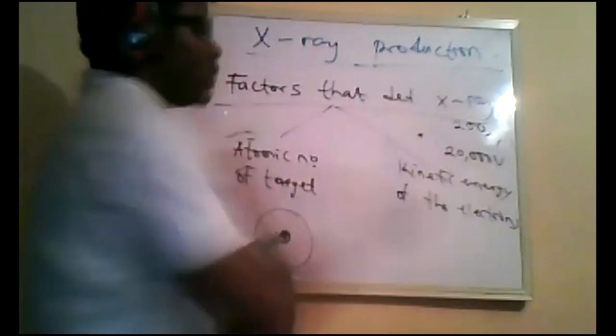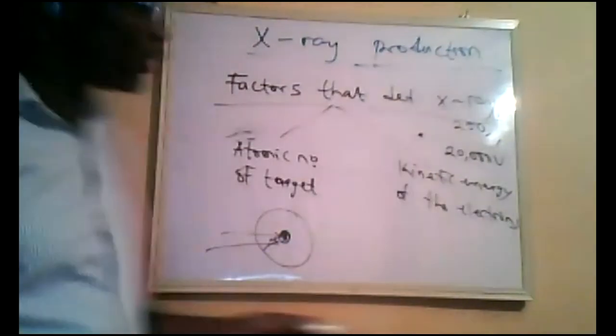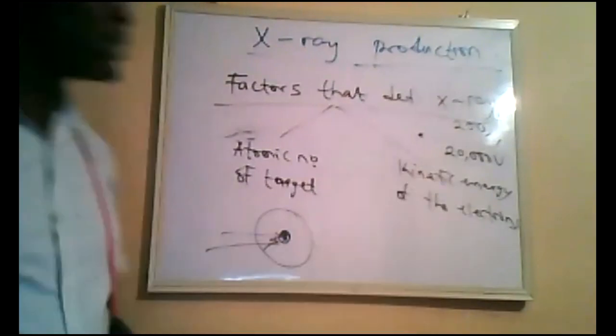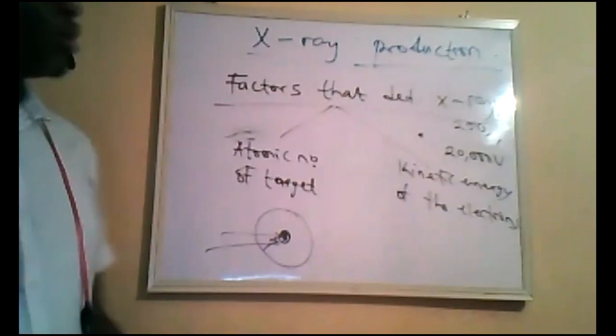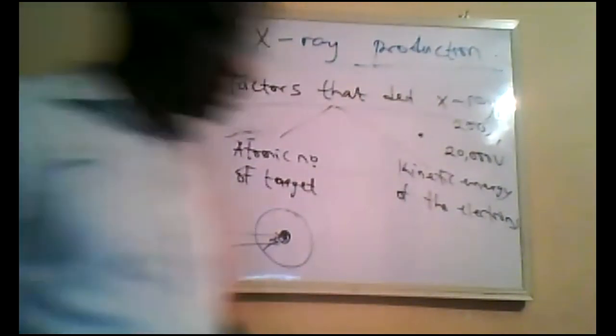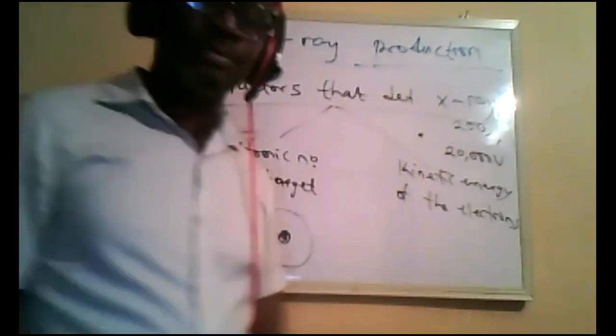This one will be moving faster, and because of that we are going to have more production of X-ray. So the more the potential between the cathode and the anode, the more X-ray photons, X-ray quanta we are going to have.